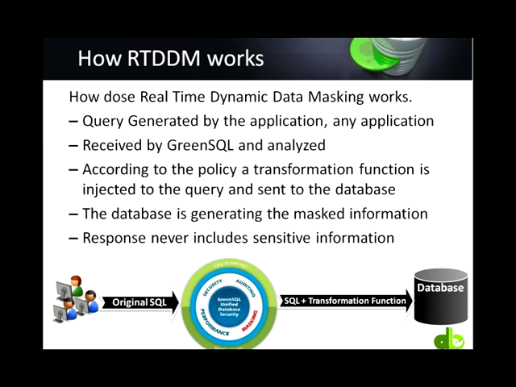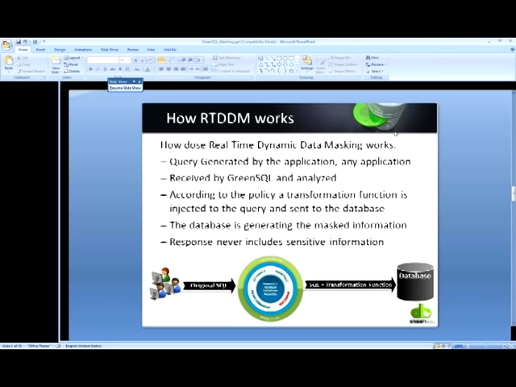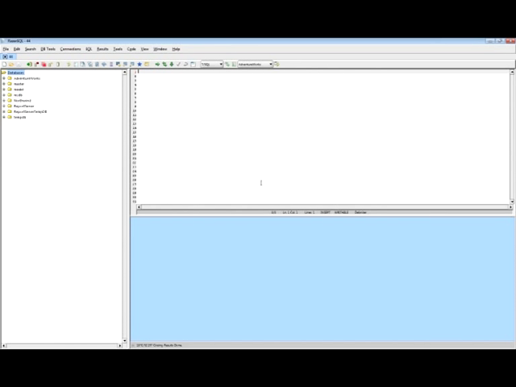Once an application, and it doesn't matter which application, has generated a query. Just to give you an example, I'm using a management studio, and during this session I will show, once in a while, some sort of a management system or an application that is being used.